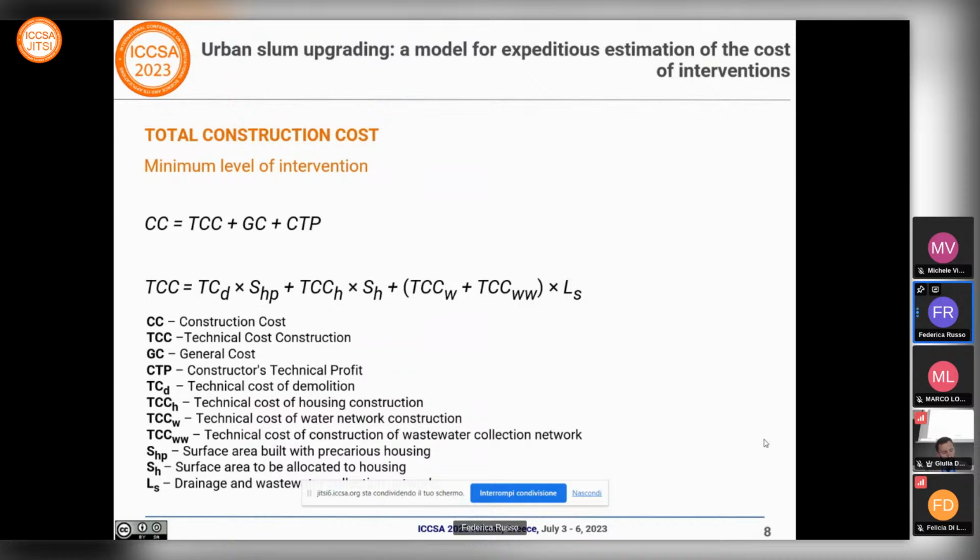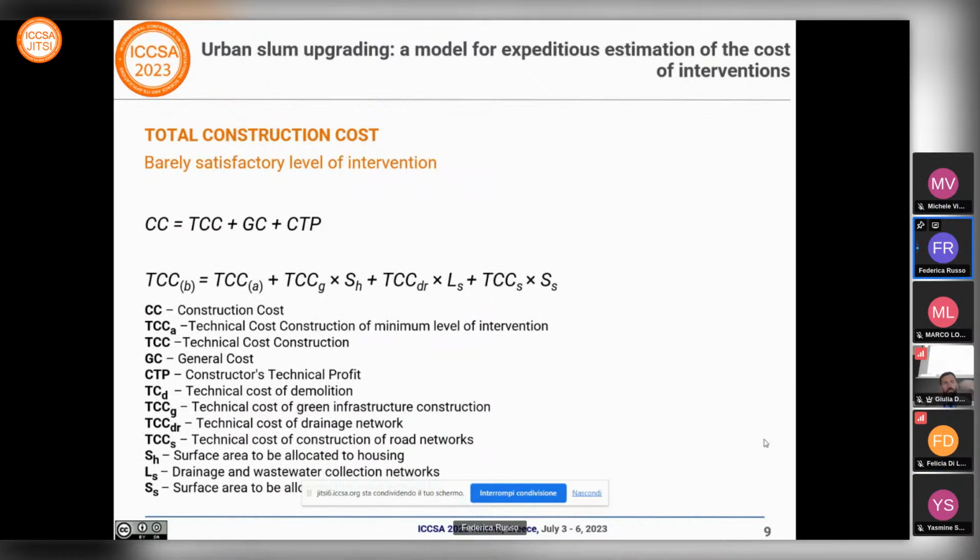Below, the construction costs for the minimum level of intervention are shown, which include the technical cost of demolishing the precarious housing area and constructing new housing, and the technical cost of constructing the water supply and the wastewater collection network. For the barely satisfactory level of intervention, in addition to the costs of the previous level, technical costs are provided for the drainage network, road network, and green infrastructure.